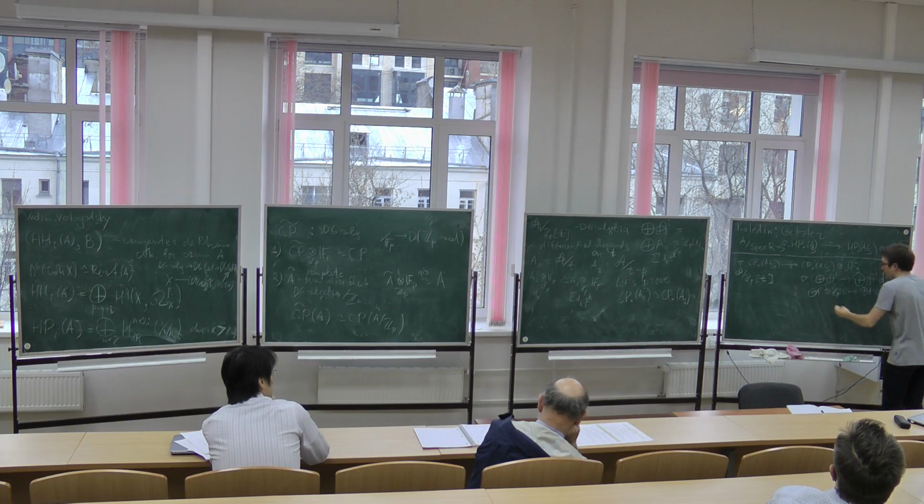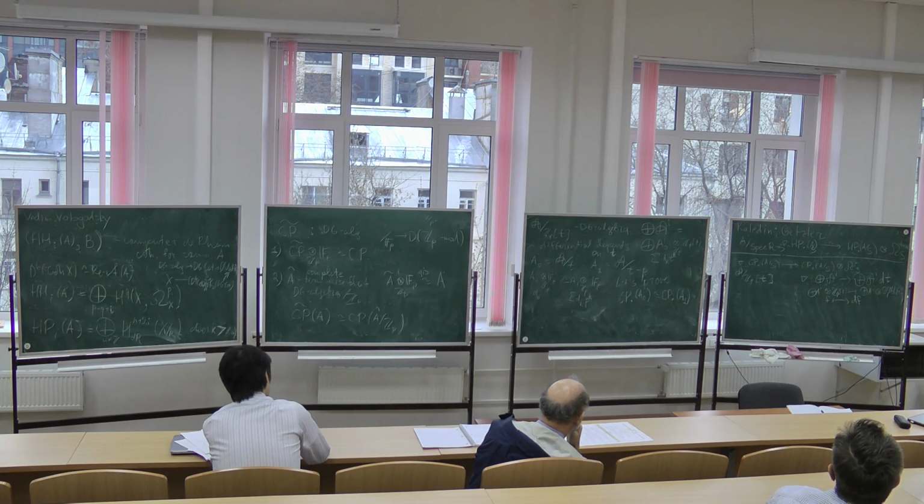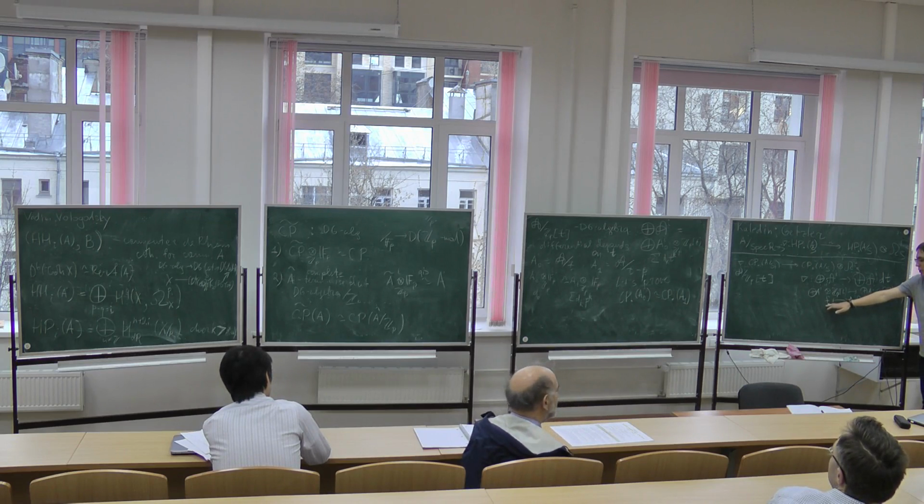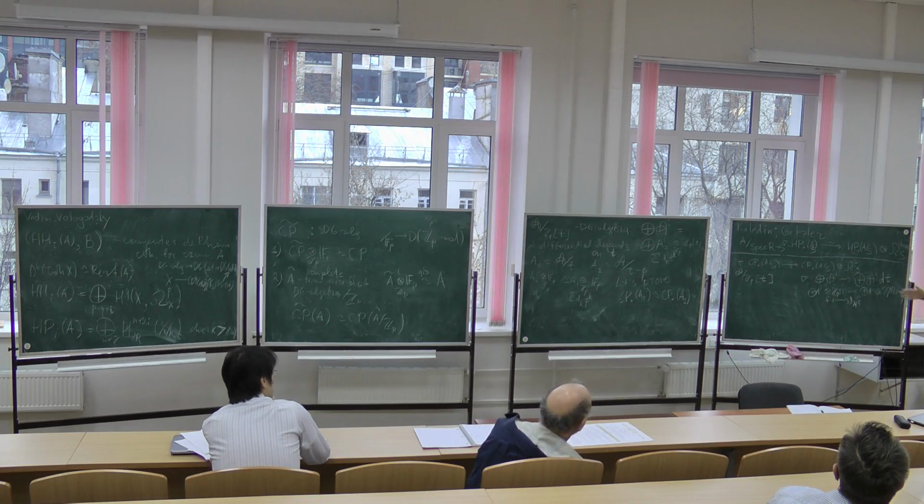So I can take this trivial connection, f maps to d. But the problem with that, I think I have two different d's. Let's call it d_dR. So the problem is that in general, it need not commute with the differential in the de Rham direction.